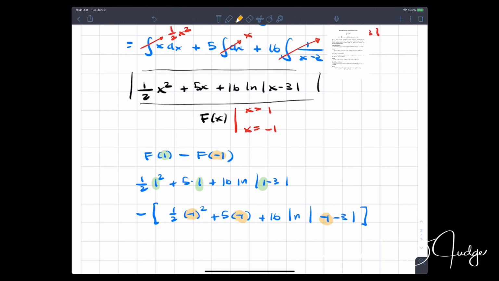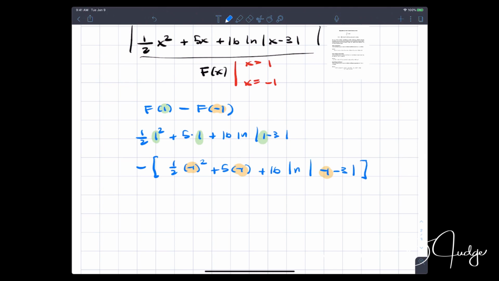We're just going to do a little bit of arithmetic here this morning. 1/2 plus 5 plus 16 natural log absolute value of negative 2 minus, be careful, this is also going to be 1/2. Now it's minus 5 plus 16 natural log absolute value negative 4.